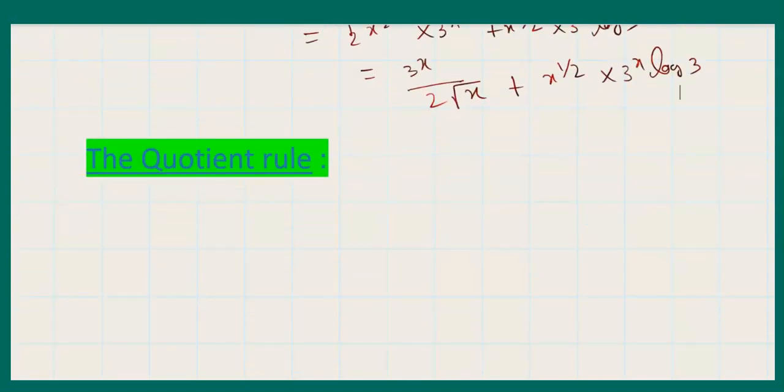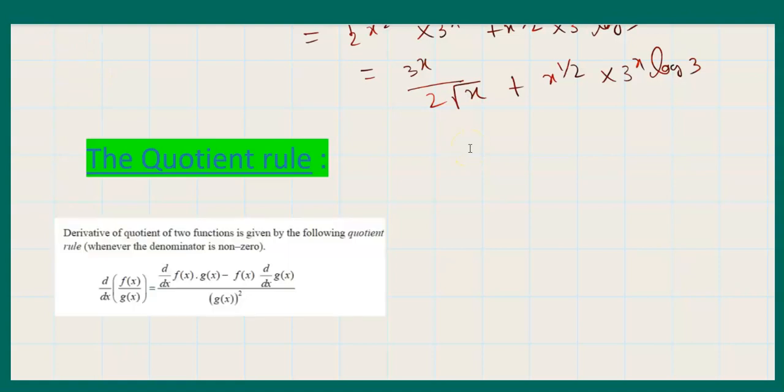Let us go for the quotient rule now. The quotient rule of derivative is regarding f(x) by g(x). If there is a quotient f(x) by g(x) that we have to differentiate, then we have to find the derivative of f(x) by g(x). So the rule is: g(x) whole square in the denominator, and in the numerator g(x) into derivative of f(x) minus f(x) into derivative of g(x).